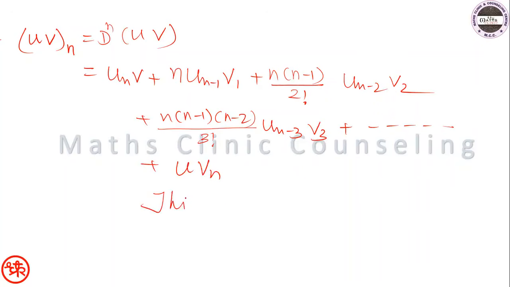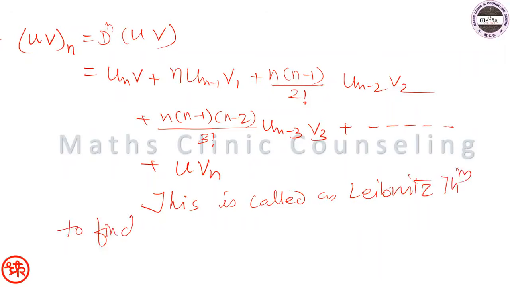This is called the Leibniz theorem to find the nth derivative of the product. Is that clear?